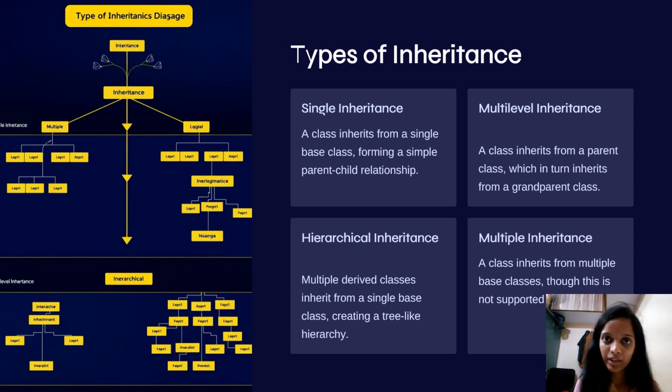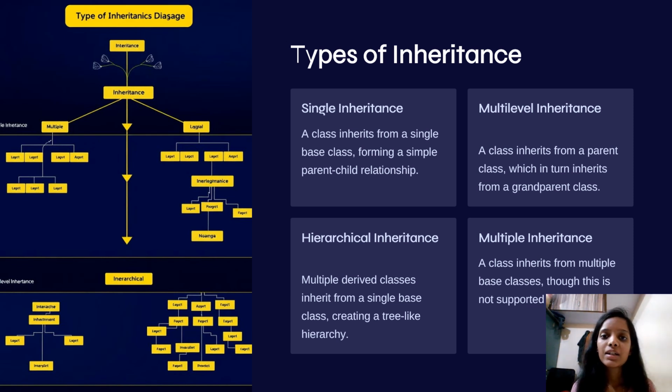These are the types of inheritance. First one is single inheritance, multi-level inheritance, hierarchical inheritance, and multiple inheritance. Single inheritance involves a single parent class and a child class, where the child class inherits from the parent class. Multi-level inheritance is the inheritance where a single child class inherits from numerous parent classes.